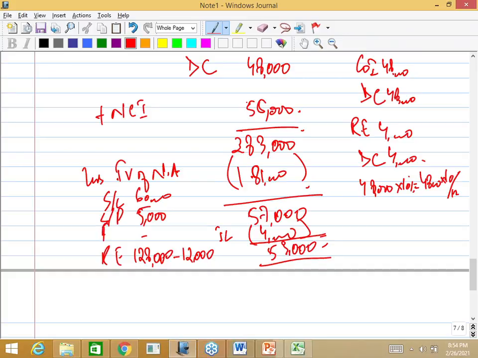I think there are students who want me to show the fair valuation adjustments. This is not a fair valuation adjustment, but you can write it, that's not a problem.